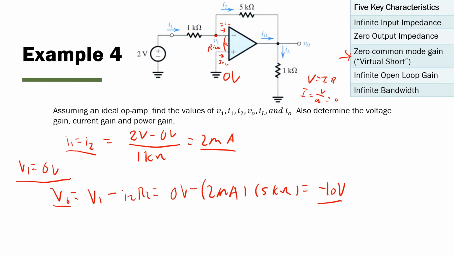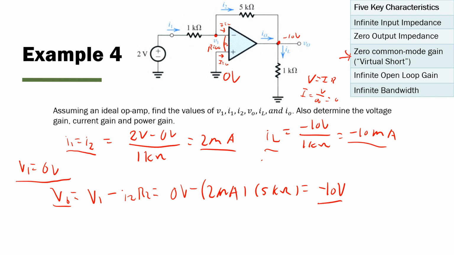Okay, now we just need load current and the output current. So load current, if I know that my voltage here is negative 10 volts, then I can say that the load current is equal to negative 10 volts divided by 1 kilo ohm. That is equal to negative 10 milliamps. And again, the current entering a node should be equal to the current exiting a node.